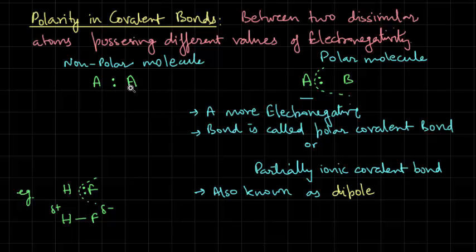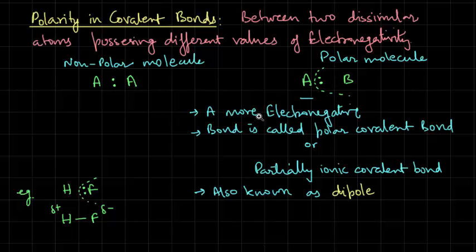But when the atoms are dissimilar, for example A and B, obviously one of the two atoms will be more electronegative than the other atom. Electronegativity is a tendency to attract the electrons. So in this case, this A atom will shift this electron pair towards itself a little bit, which will make this whole molecule a polar molecule. When it does not happen, that is called a non-polar molecule.